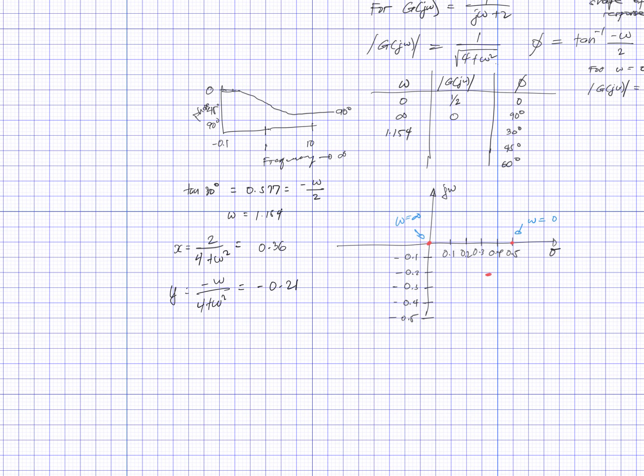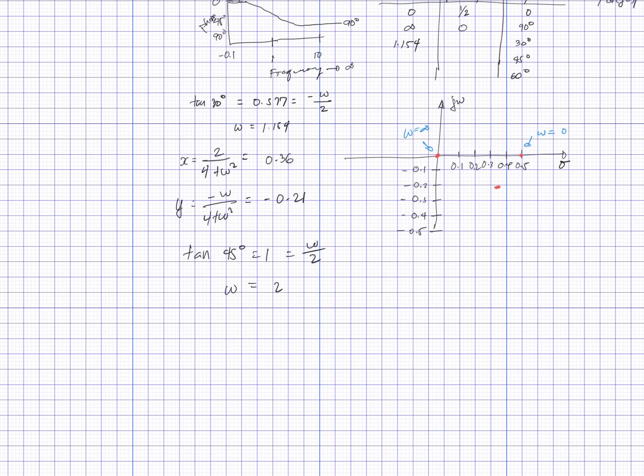Okay, and then we'll calculate now the tangent of 45 degrees, which is equal to 1, equals omega over 2, giving us an omega value of 2.